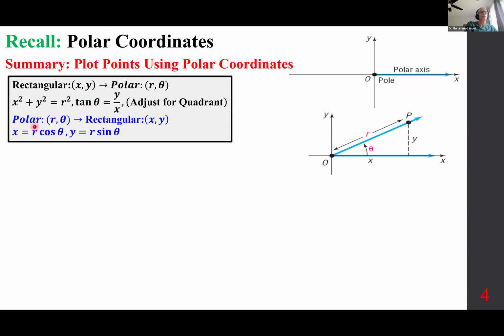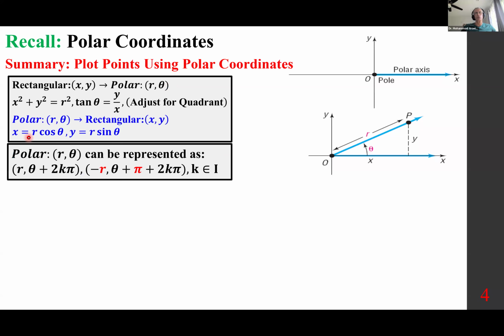Polar has coordinates r, theta, rectangular x, y, where x becomes r cosine theta and y is r sine theta. So if you want to go back and forth, those are the formulas that you use.